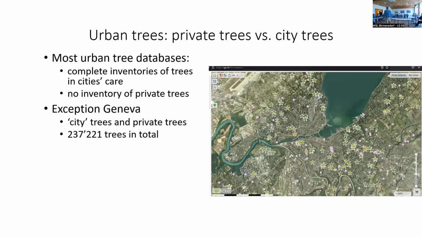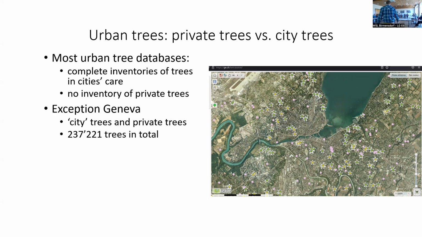But here we get some exceptional databases, and that's, I think, not only in Switzerland but also worldwide. Lausanne also has this to a certain point, but for Geneva we have a great data set where, on the homepage of the canton of Geneva, you can actually click on trees in your garden and say which species they are.